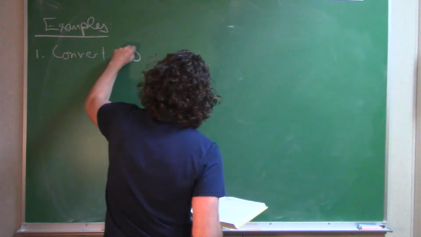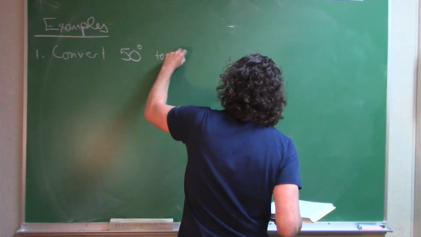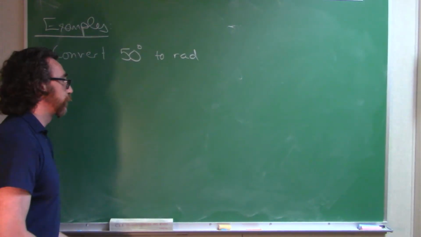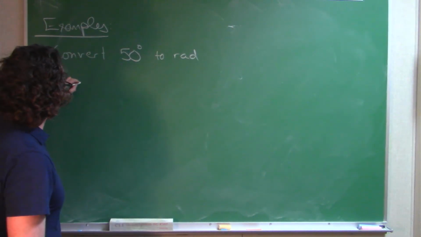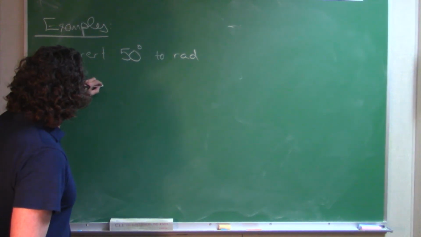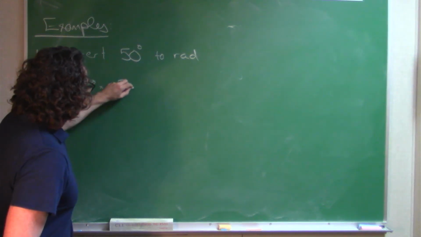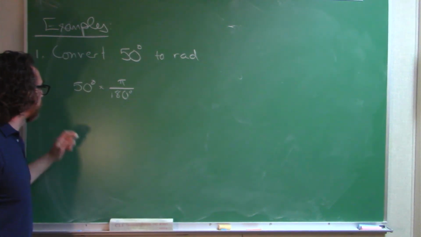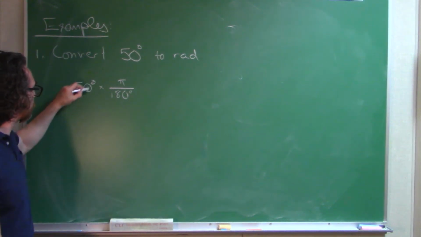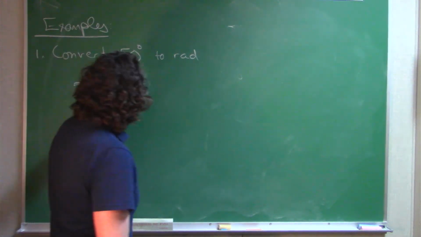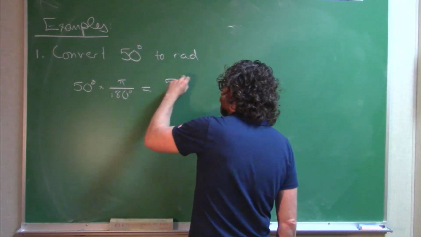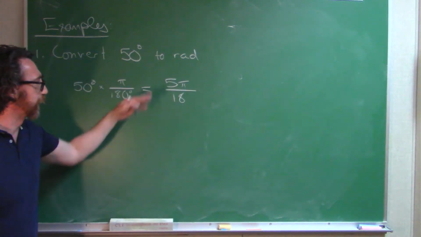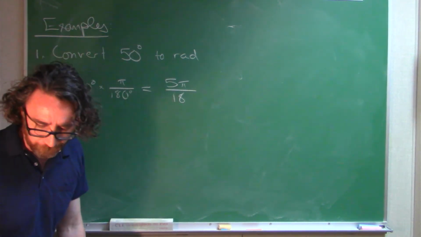Convert 50 degrees to radians. We're using this formula right here. We take our degrees times pi, divide by 180. There's definitely a factor of 10 that I can cancel, so this is 5 pi over 18 radians. I don't think it can be simplified any further.